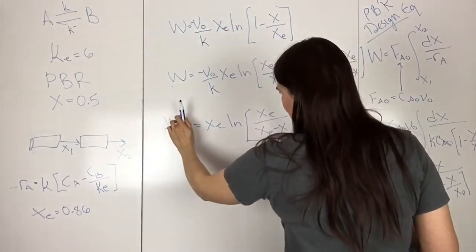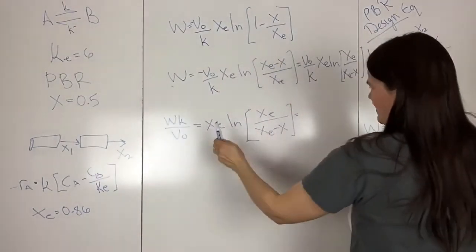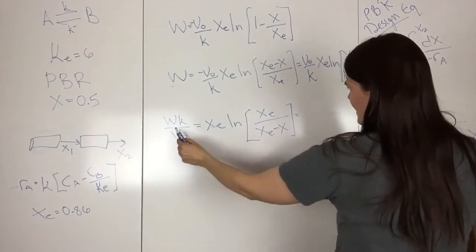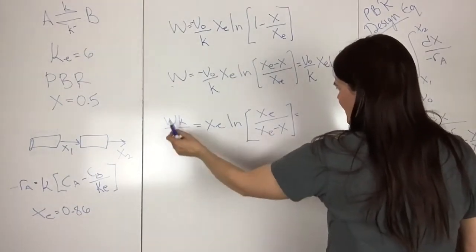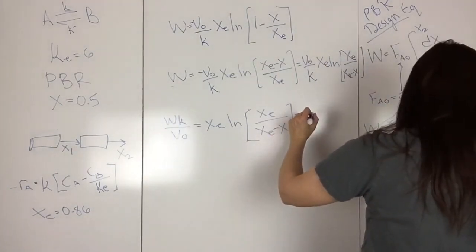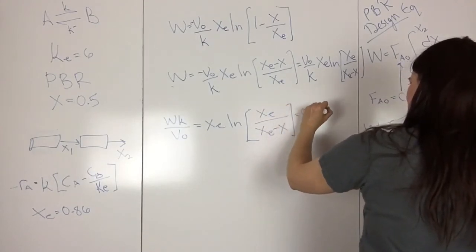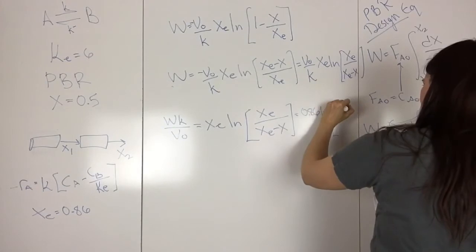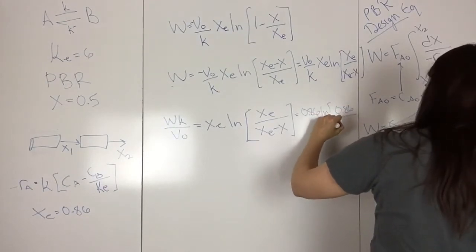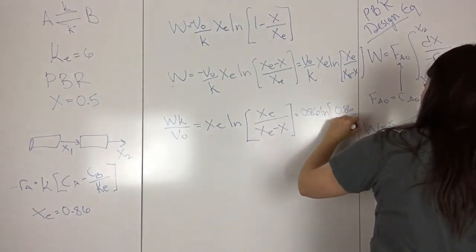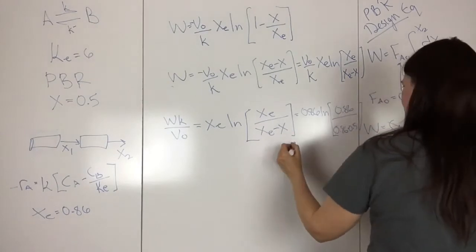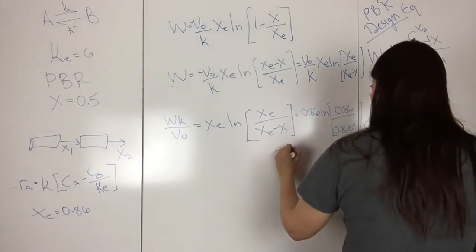So then we can plug in Xe and x and get a value for this. So 0.86 natural log (0.86 over 0.86 minus 0.5), and that's equal to 0.75.